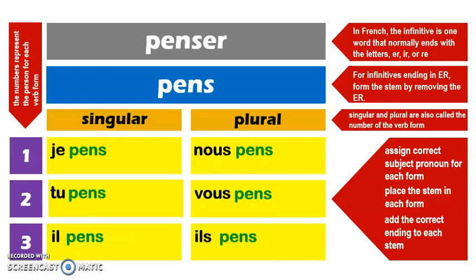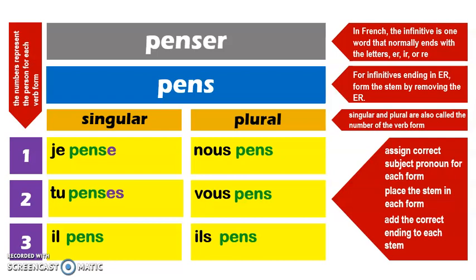And here they are. For the first person singular, for ER verbs in the present tense, you add the letter E. It's silent, so we pronounce this je pense, I think. For second person singular, you add the letters ES. Again, it is silent, and we pronounce this tu penses, you think.